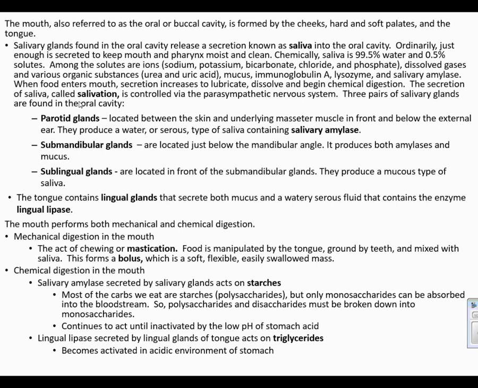Lingual lipase doesn't actually start working until it hits the stomach. And then it becomes activated by that acidic environment. Does that make sense? Okay, so those are our first two enzymes.